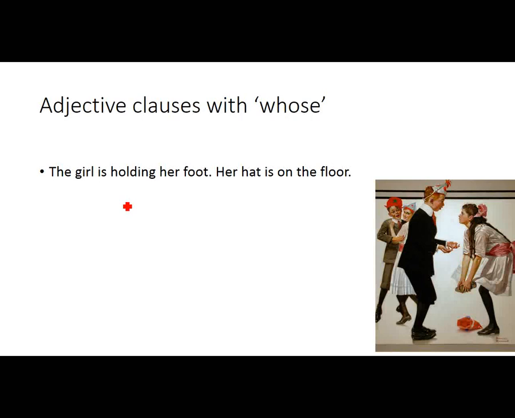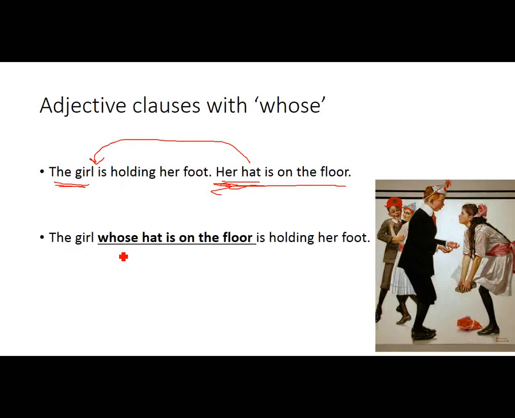The girl is holding her foot. Her hat is on the floor. Now we have the girl again and her hat. So the girl is here in the subject position. So when I make the second sentence into an adjective clause with whose, it's going to need to go all the way around to right next to the girl.